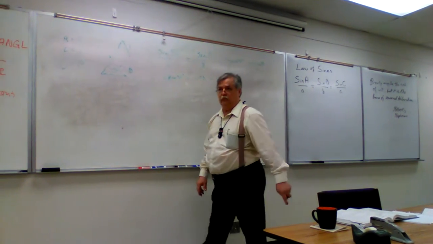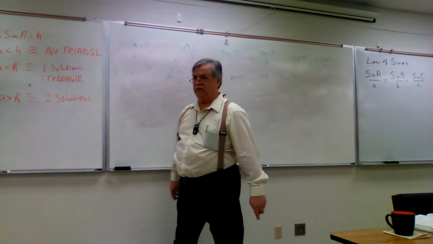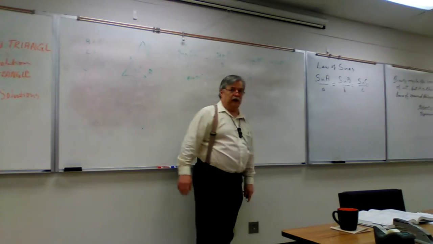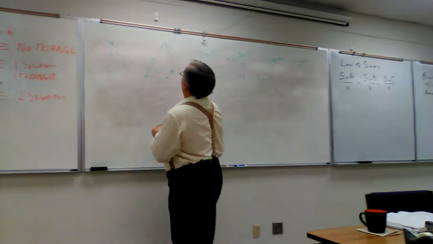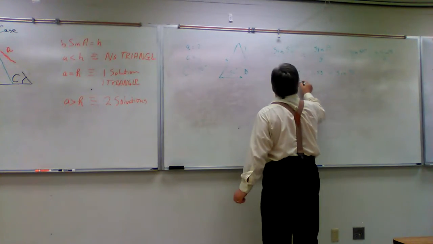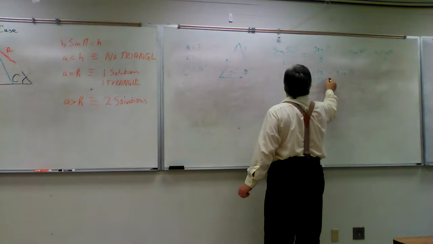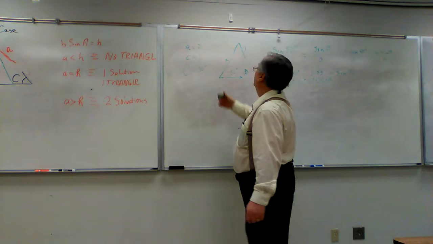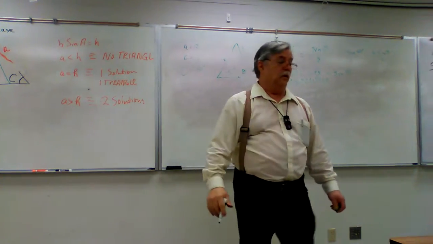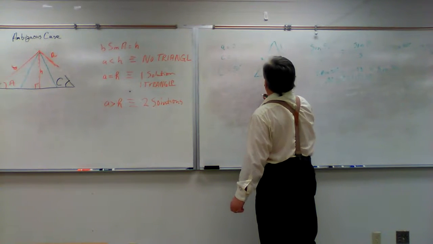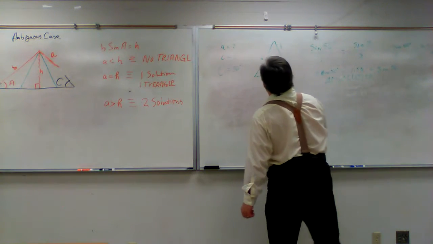There's no angle that will produce a sine of 1.53. So sine B cannot exist, and we have no solution.